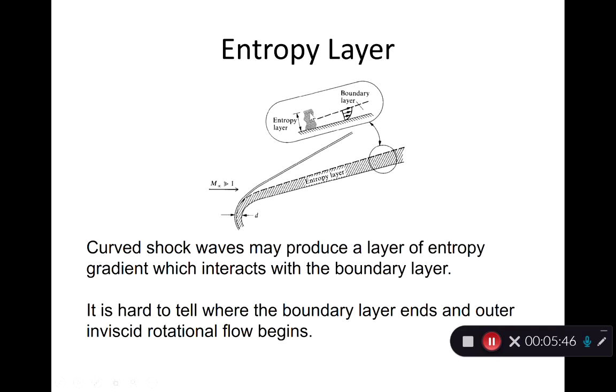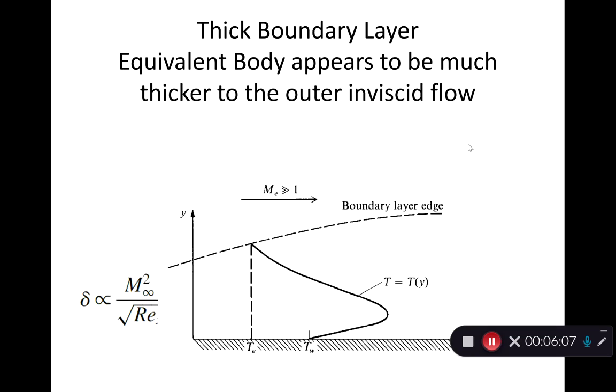But here, because of the entropy and the non-uniform velocity, it's very hard to tell where the boundary layer ends and where the outer rotational flow continues. So this becomes a problem when people started modeling analytically or computationally the hypersonic flow over blunt bodies. A third issue is the boundary layer is very, very thick.